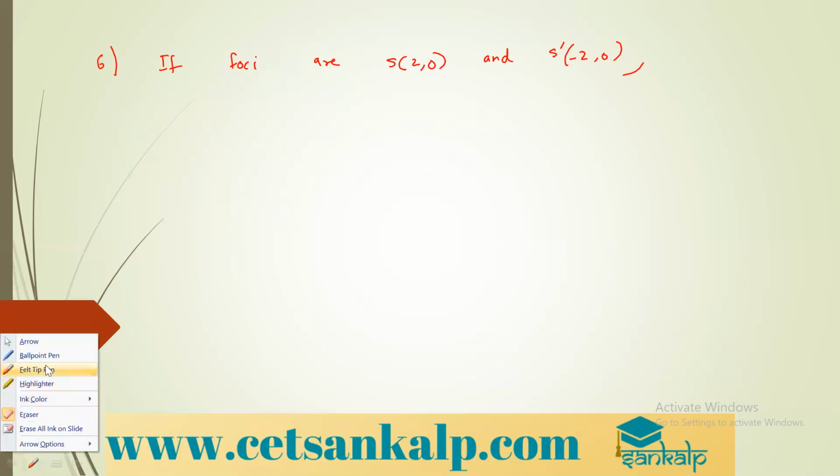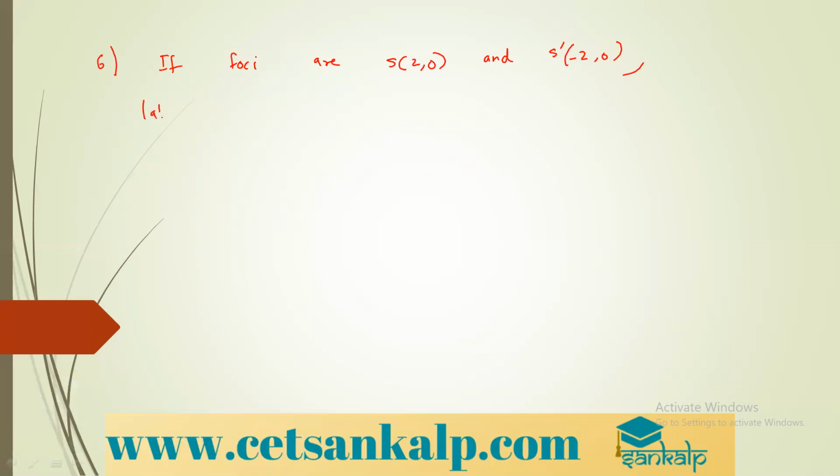What is the second piece of information they have given you? Latus rectum. What is the formula for latus rectum? 2b square by a. It is given as 6. Then you have to find the equation of ellipse.